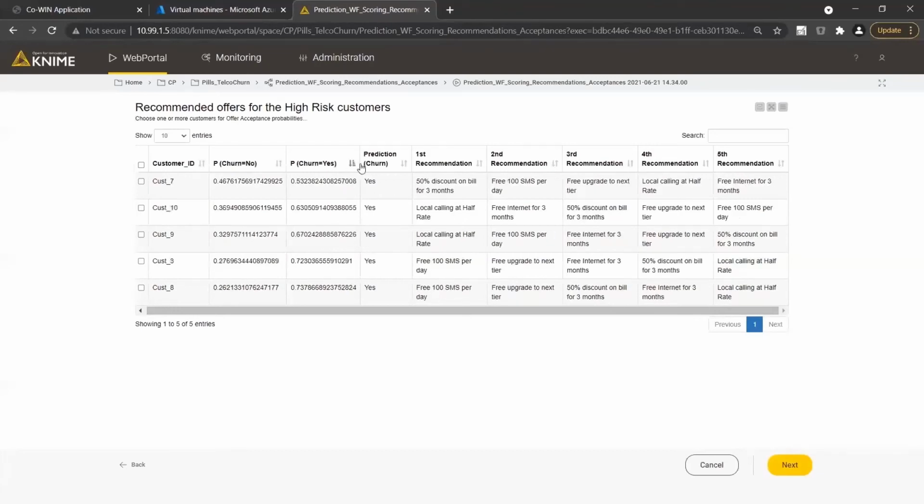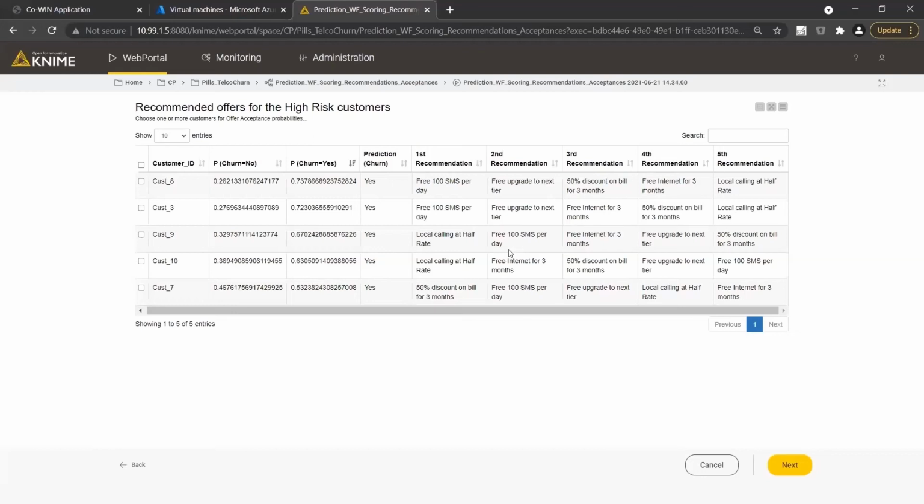For customer 8, the first recommendation is free 100 SMS per day, or free upgrade to next year, or 50% discount on the next 3 months. These are offers that have been agreed with the business.